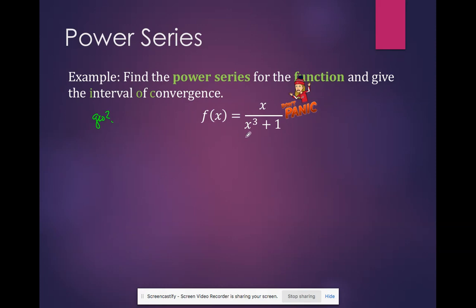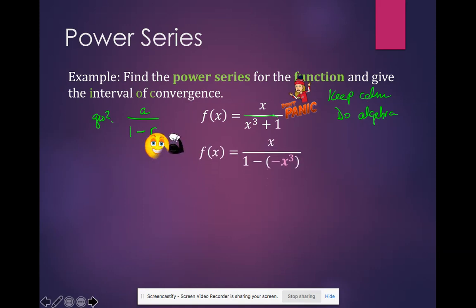This doesn't look, well, I mean, I have a fraction. Keep calm and do algebra. See what you want and legally make it happen. I want a over 1 minus r. See what I did there?